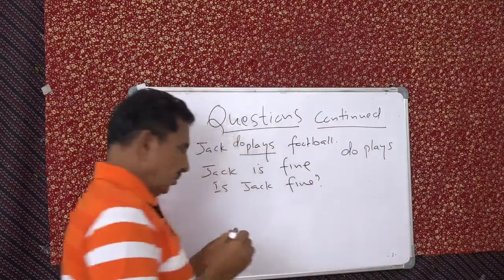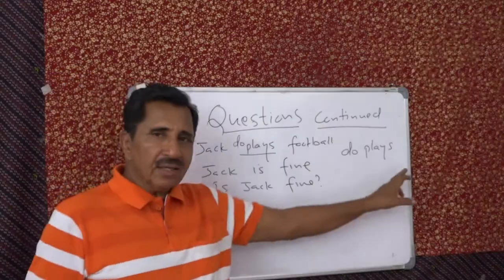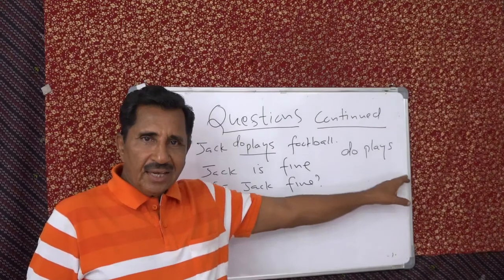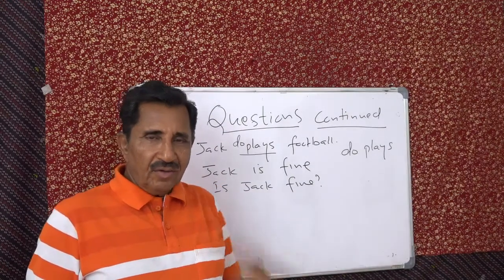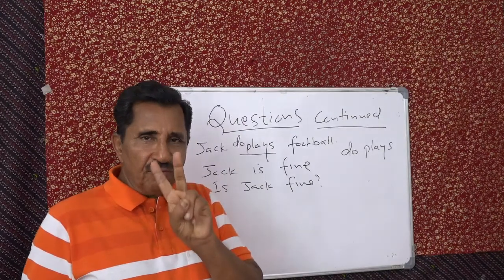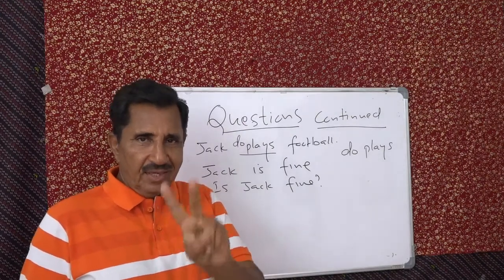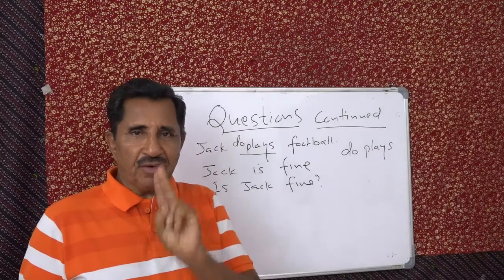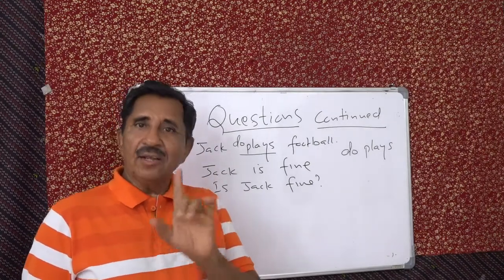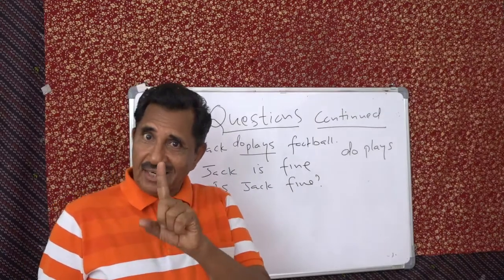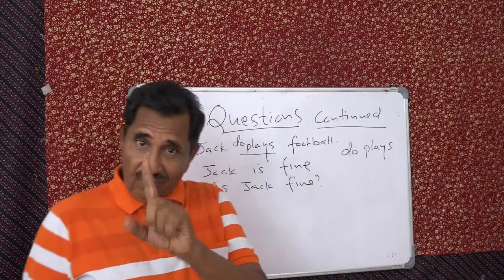And you remember I told you the tense marker is always carried by the first word in a verb phrase. When you have got more than one word in a verb, then you call it a verb phrase. And the tense marker is always carried by the first word in the verb phrase.